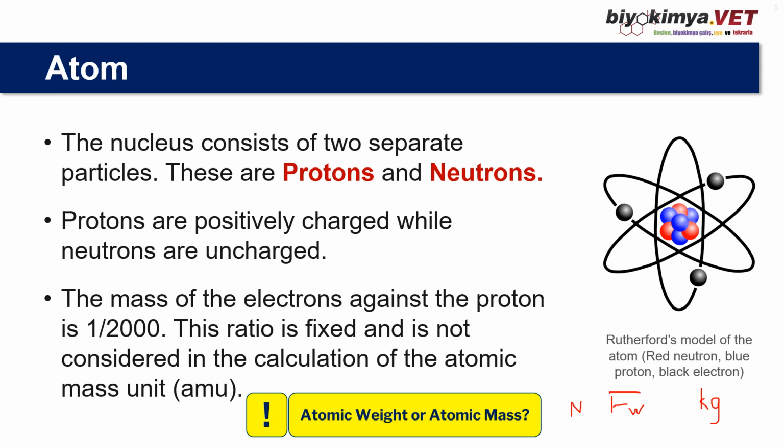And this law is expressed by the equation F equals mass times acceleration. Here F denotes the force acting on the substance, m the mass of the substance, and a denotes the acceleration of the substance.